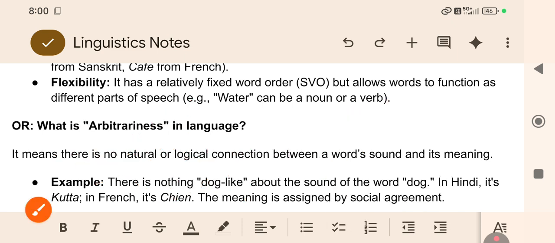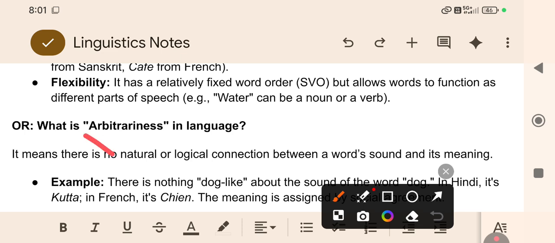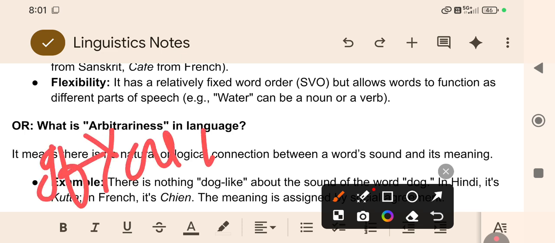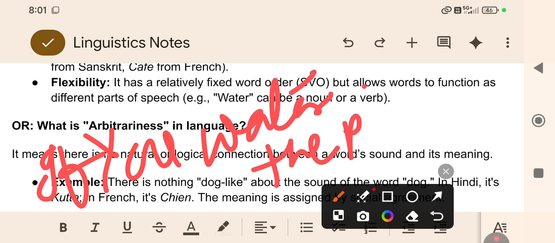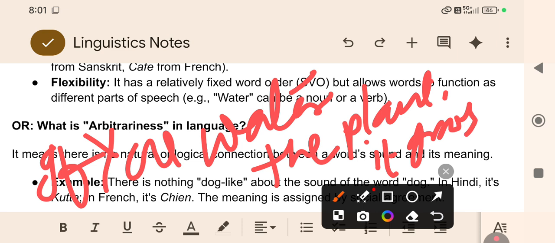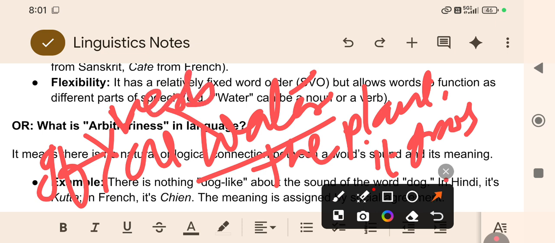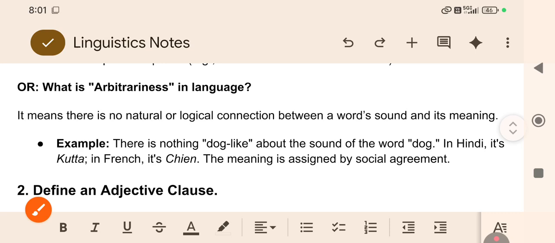And another example: if you water the plant, it grows. So here water is used as a verb. So this is a good example of flexibility. Okay.